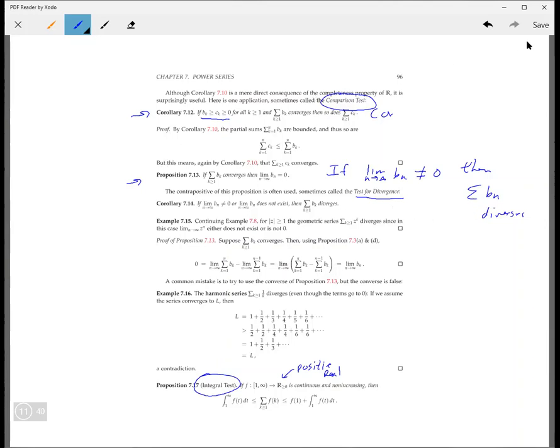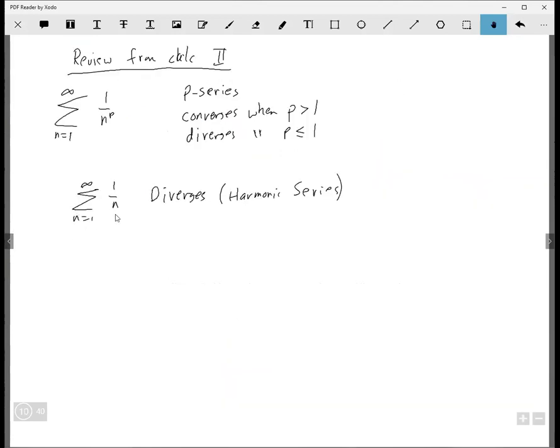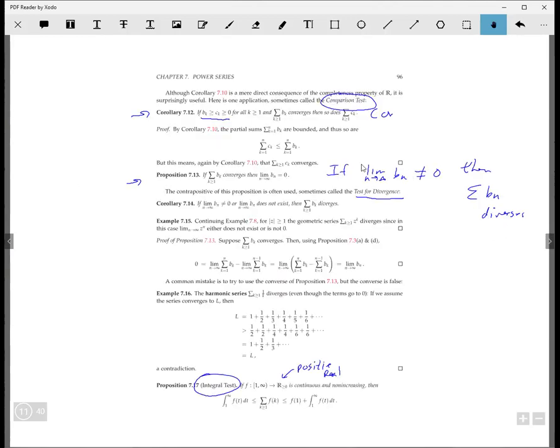Okay, but as you know, even if they go to 0, it doesn't mean that the series converges, because here's a situation where the terms go to 0, but the series diverges. So if the terms don't go to 0, then we know that the series diverges. But if the terms do go to 0, it doesn't guarantee convergence. It doesn't mean the opposite is going to be true.